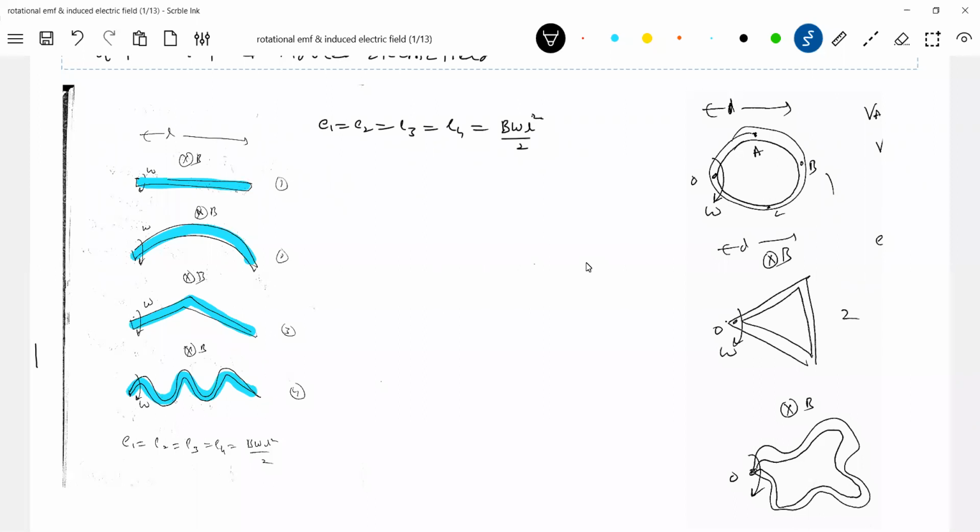You have to just find the effective length between the ends O and D. So suppose this is EOA. In all the cases, the effective length when you move from O to A will be equal to L. Don't write pi R or something here.